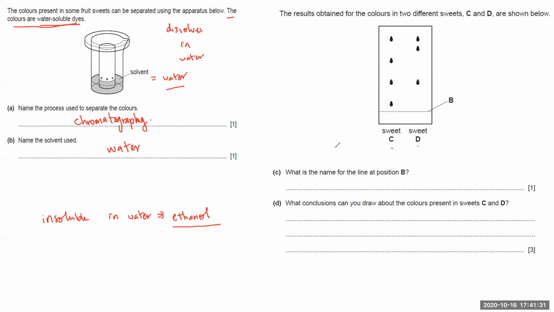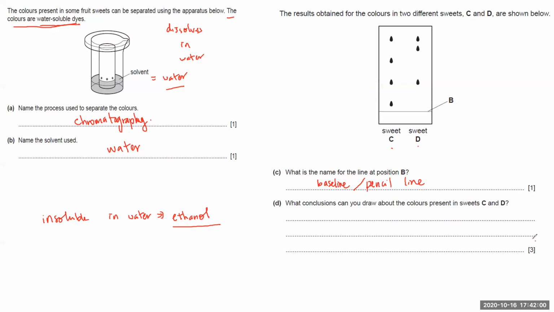What is the name for the line at position B? This is called the baseline, or you can also call it the pencil line. This baseline must be drawn using a pencil, because if you do not, it will dissolve inside the solution.